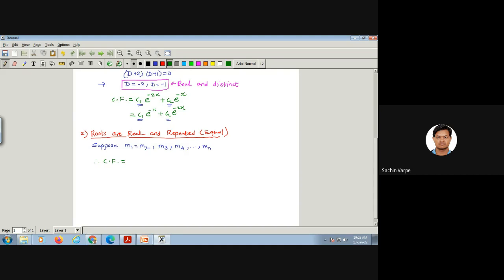So as we have considered here n number of roots, arbitrary constants must be n in number, right? So I'm going to write the complementary function now for this repeated root. For these equal roots, first I'll write the complementary function of the form (c1 + c2x) e to the power m1x, either m1 or m2, because both are same.